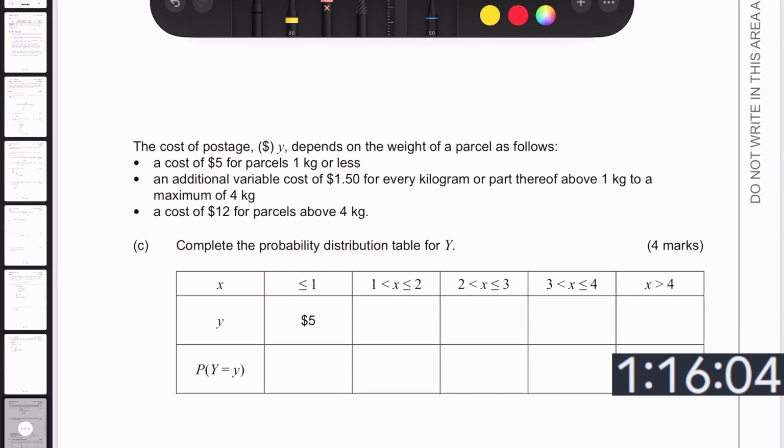The cost of postage $Y depends on the weight of a parcel as follows.